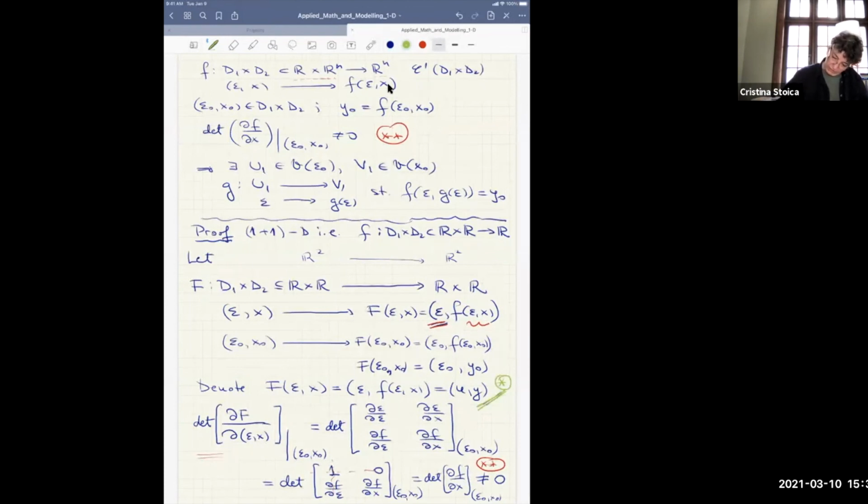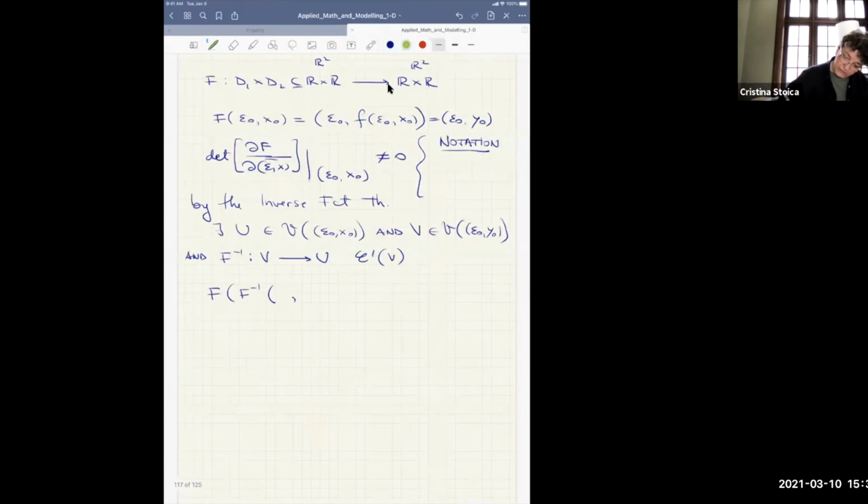The notation was F(ε, x) equals (ε, y), because I need it for the inverse, since the inverse kicks the y side.